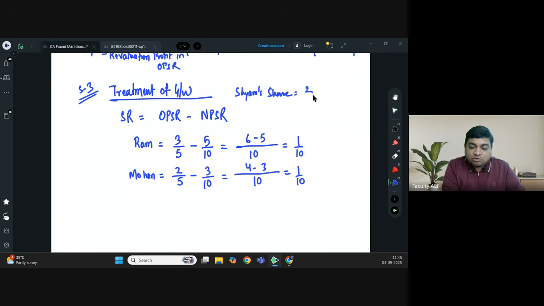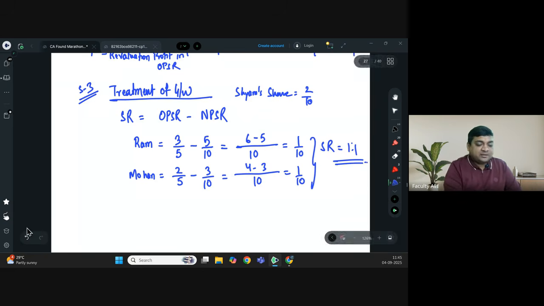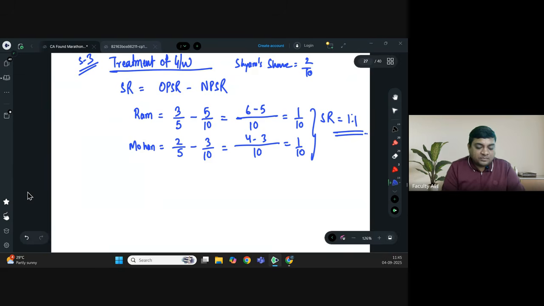Shyam's share is 2/10. So if I add these two, it is coming to 2/10. So sacrificing ratio is 1:1. Right? Okay.